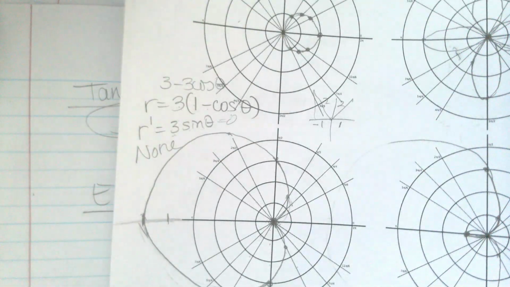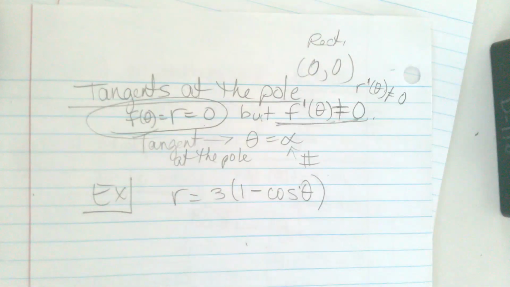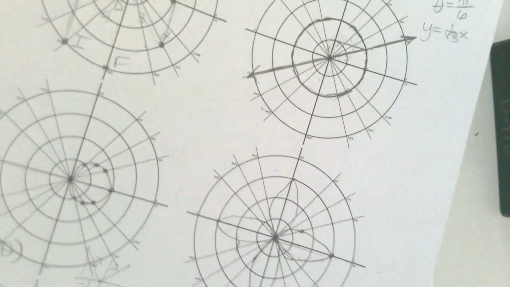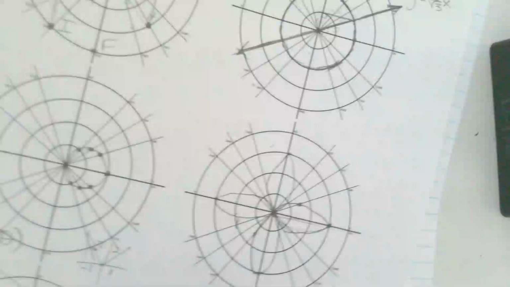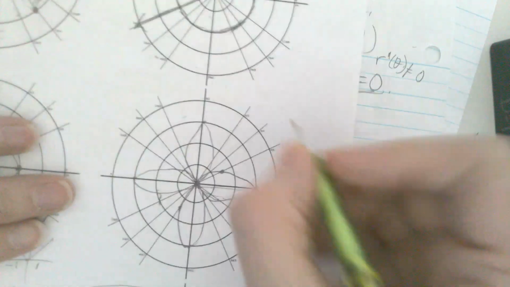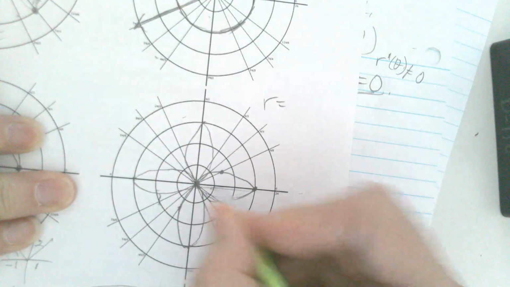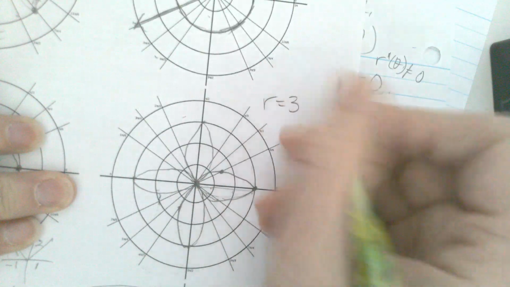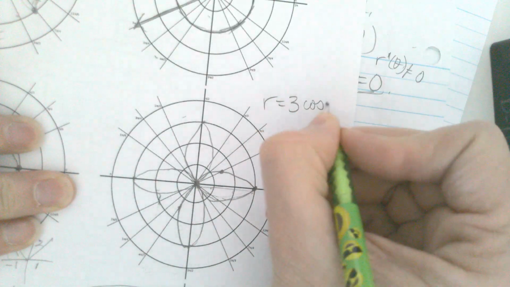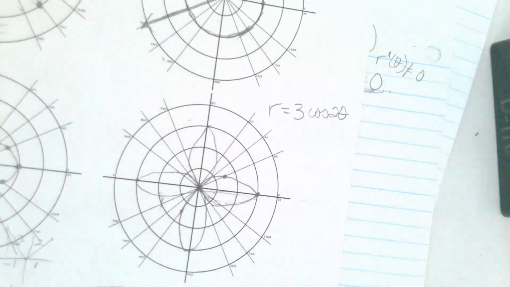Or the polar function. I'm trying to see if I have another one that, see, look at this one right here. I think this one is r equals 3 cosine of 2 theta, pretty sure. Graph it, while I'm answering this, graph it on your calculator and make sure I'm right.